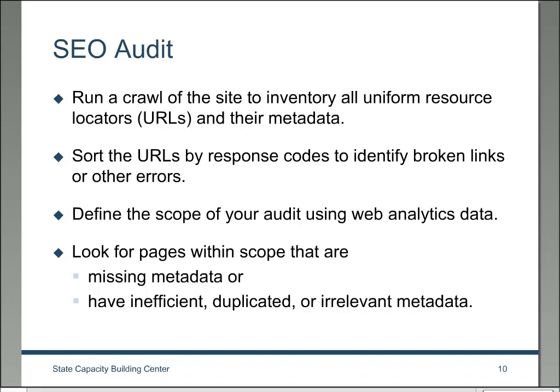So it's really important, once you've decided how much of the website you're going to look at, how many pages, and you've looked at which ones are missing metadata that need metadata written for them, to also look at which ones may have duplicated or irrelevant metadata that's not describing the content appropriately.